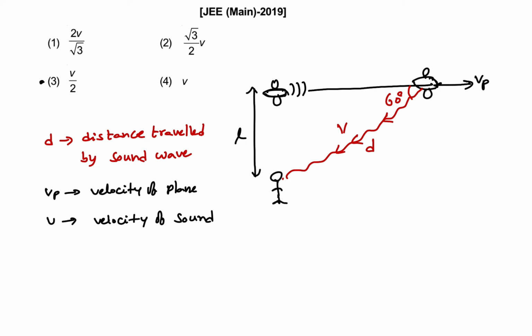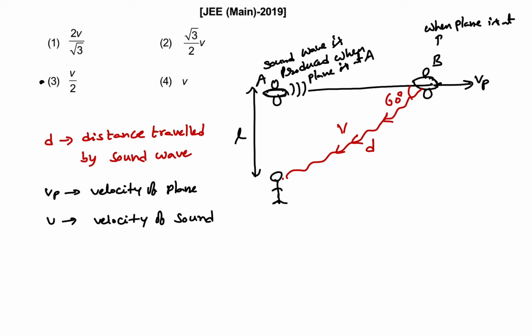Now we can see how this is actually happening. The sound wave is produced when the plane is here at point A. When the plane is at B, the person hears the sound wave.